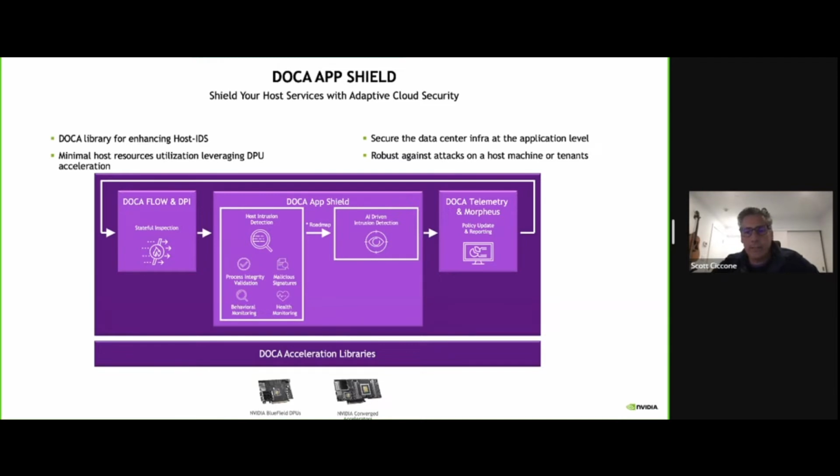So this diagram tries to depict the security flow, starting first with DOCA Flow and DPI, or Deep Packet Inspection, which enable the stateful inspection. Traffic that is not identified as malicious is forwarded to the host software. And let's assume you have a process on the host that you need to ensure continues to operate or is not suspended, such as a host intrusion detection system.